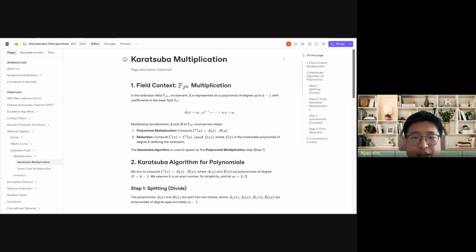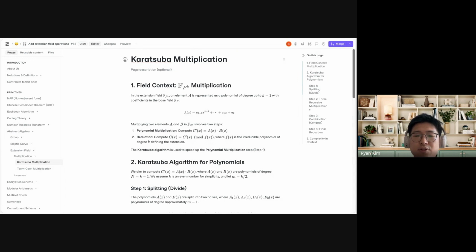Let's say we write the extension field with x coefficients. If it's a quartic extension field, it will be a3 times x to the 3, plus a2 x to the 2, plus a1 x, plus a0. We can write the extension field in polynomial form like that.